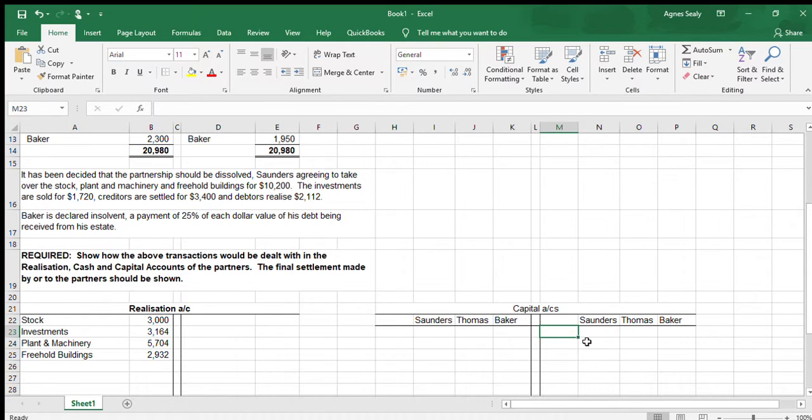Now we are going to go on. Let's look at the capital account of our partners. So our partners have a balance on their accounts. Saunders is 9,200, Thomas is 4,600, and Baker is 2,300.